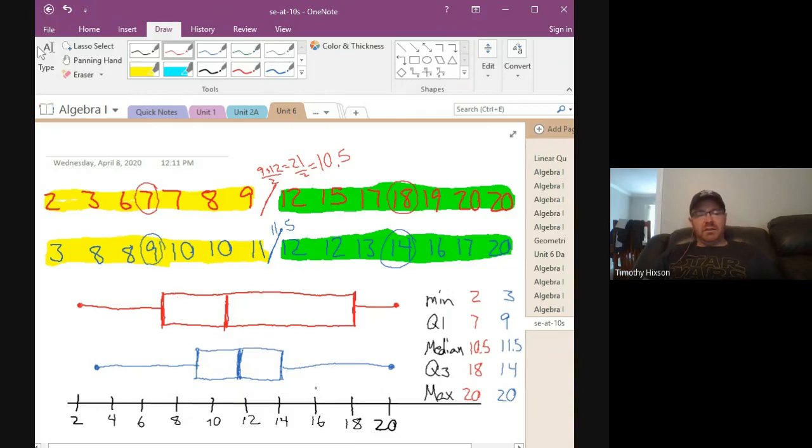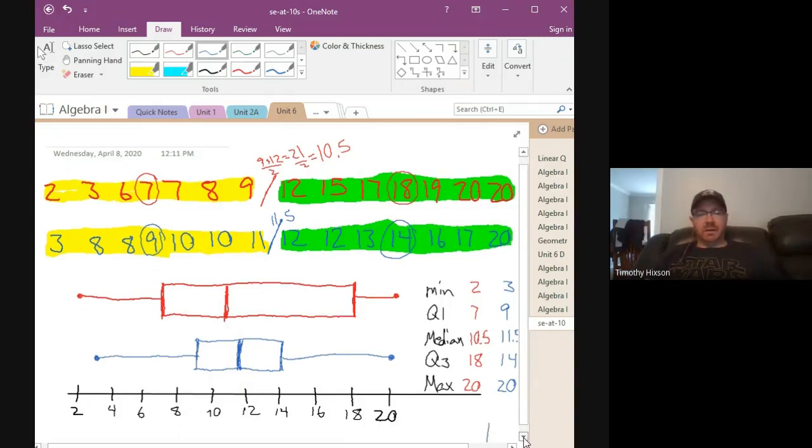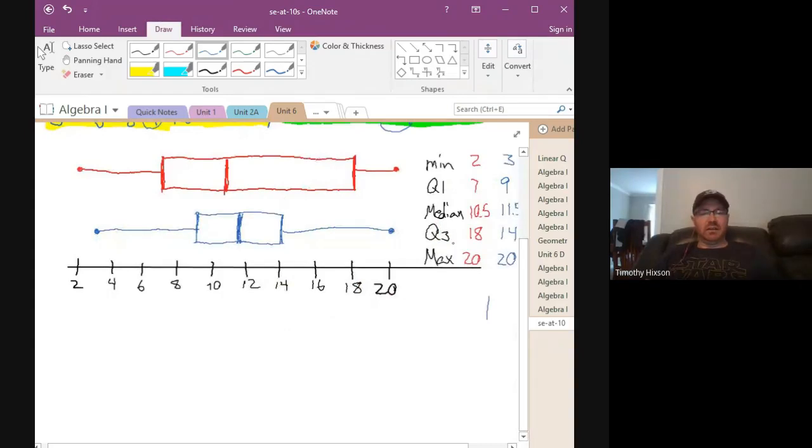But if you look at this data, because of how small the middle 50% is distributed, how tight that range is, you very likely could have some outliers. So I'm actually going to check that.